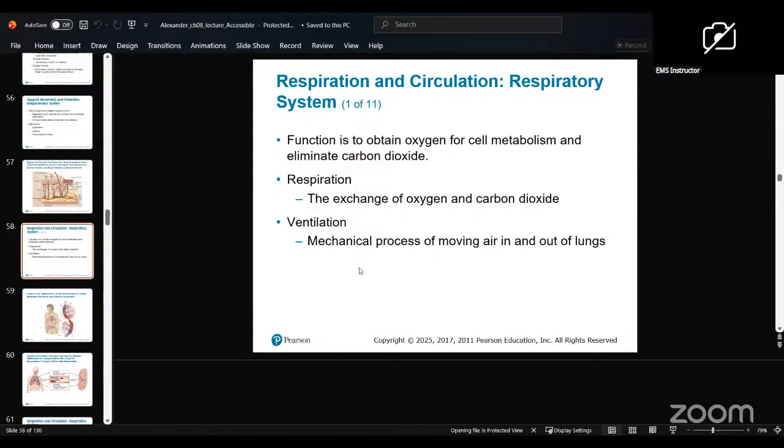This is where we bring the oxygen in and we get the carbon dioxide out. Most people breathe when their carbon dioxide levels are higher. We bring the air in, we get the gas exchange, we exhale, we get the carbon dioxide out. It's kind of the way that works.